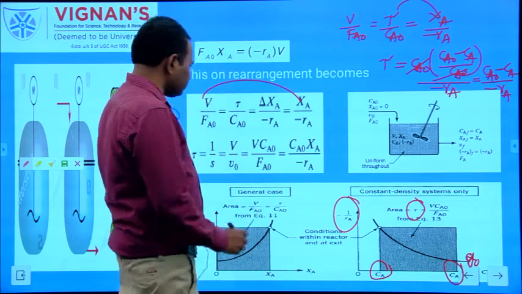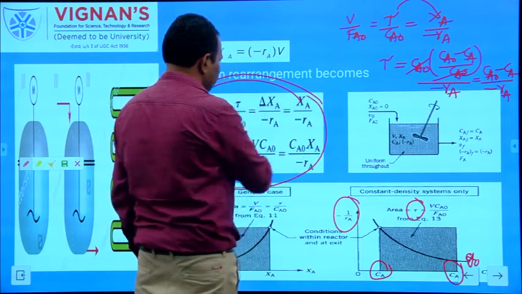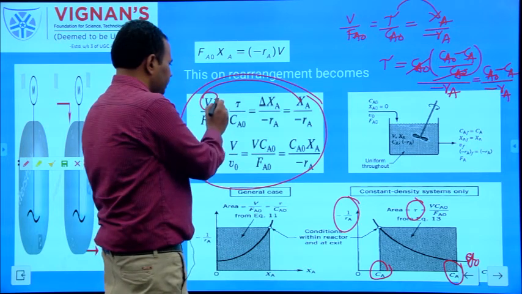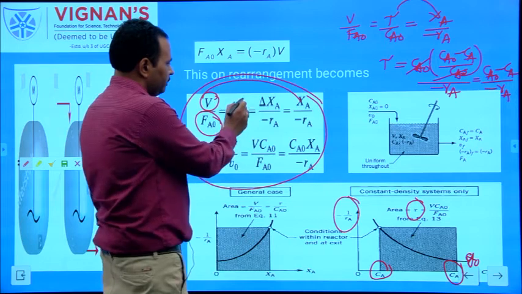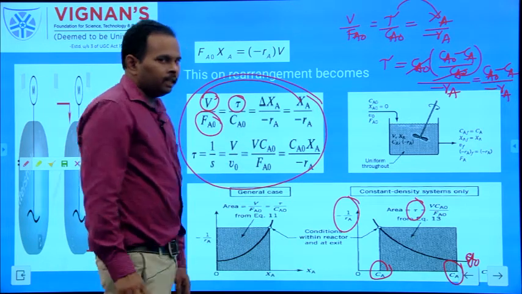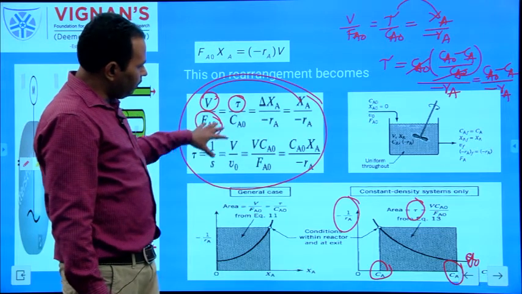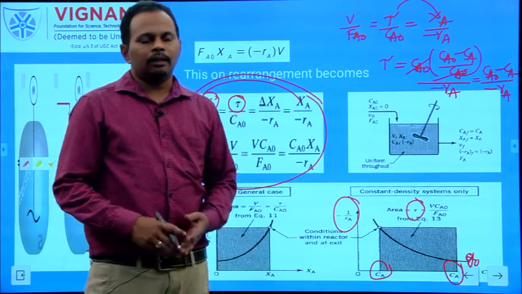So within this performance equation of the MFR, we have many quantities. What are these quantities? We have the volume, which is nothing but the size of the reactor. F naught is the initial molar flow rate of A. Tau is the space time required to obtain the desired conversion. We can have minus RA and XA. Among these 5 or 6 quantities, if you know some of them, you can find out the other one.